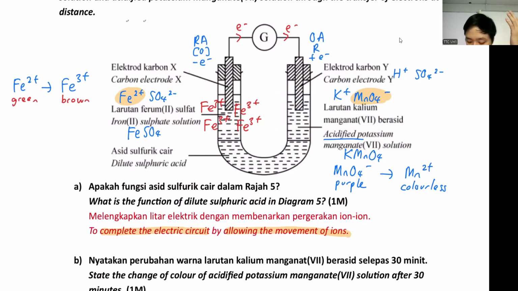So you see, actually this side now becomes more negative. If you got less H+, now it's left more SO4 2-, or more MnO4 negative also. But because the MnO4 negative will turn to Mn2+, that's why this doesn't matter.